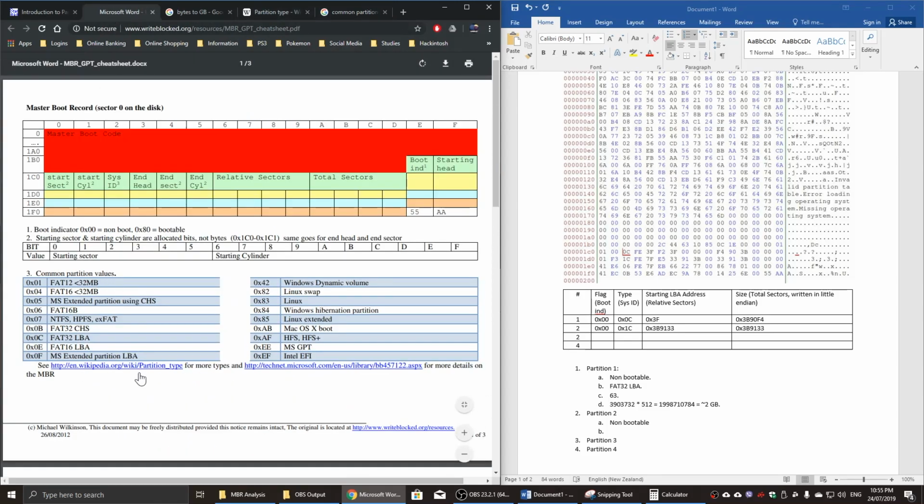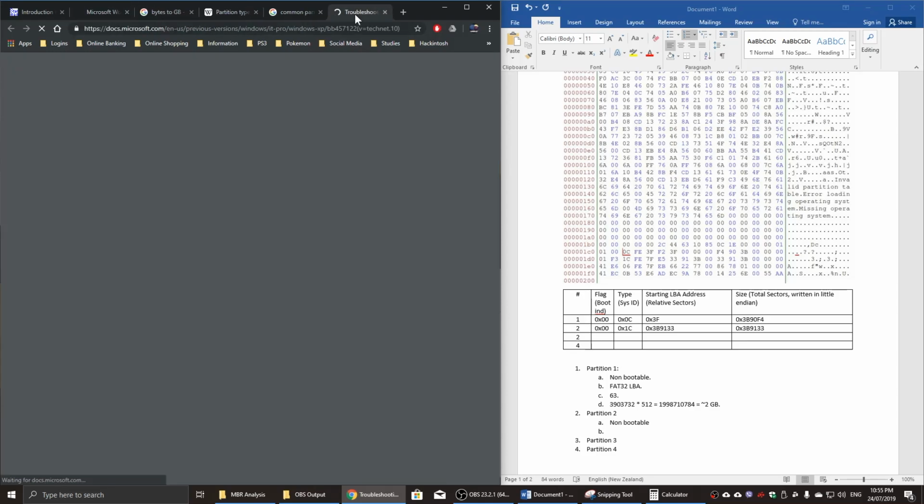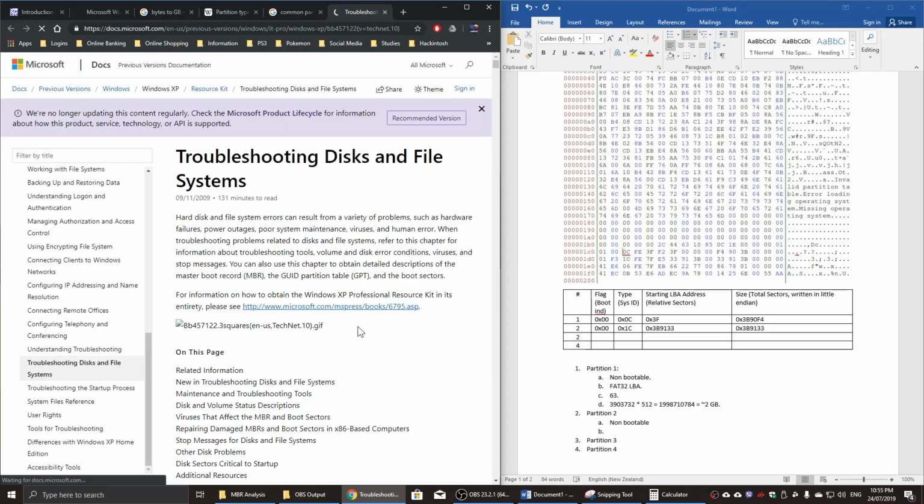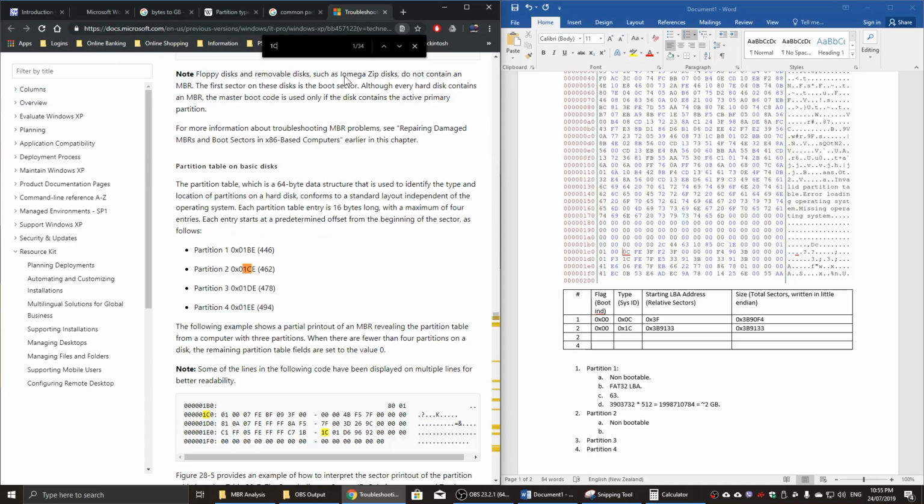Common partition values. Okay, we can use this. 1C. Wow, I found 34. Okay.